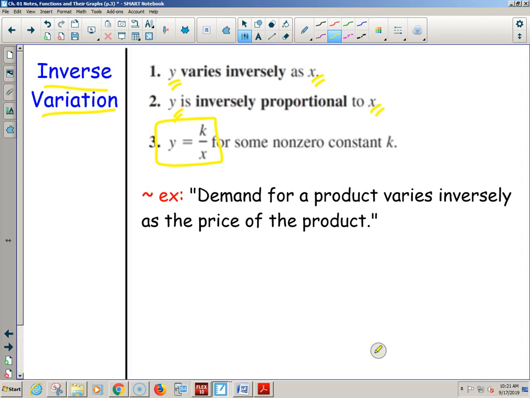Varies inversely. Inverse variation. Inversely proportional to. I'll use a Starbucks example in just a second. Inverse variation in the real world, direct variation in the real world.